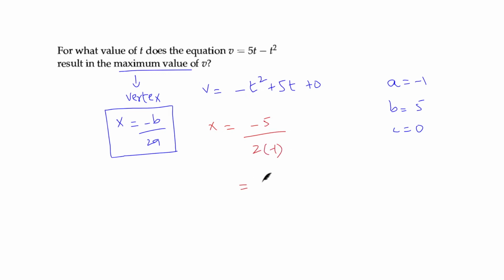The answer is minus 5 over minus 2, 2.5. This is our answer. So at t equals 2.5, this equation will have a maximum value. See, it is not time consuming at all. That's why you should definitely be familiar with this equation.